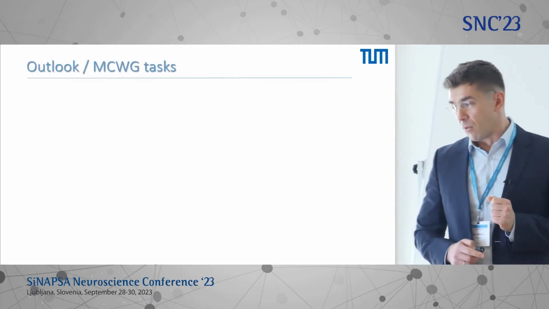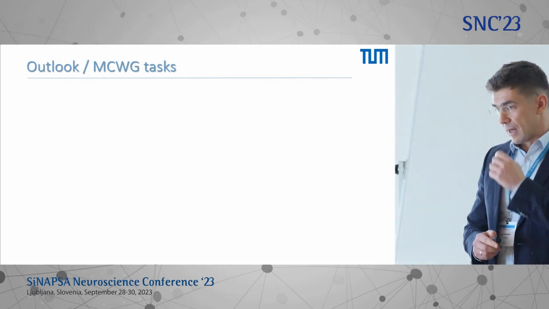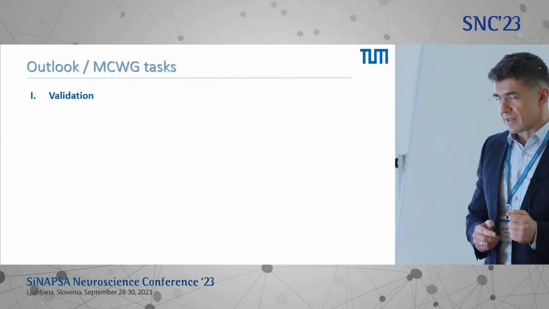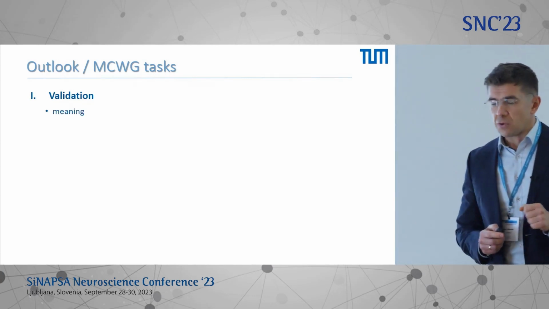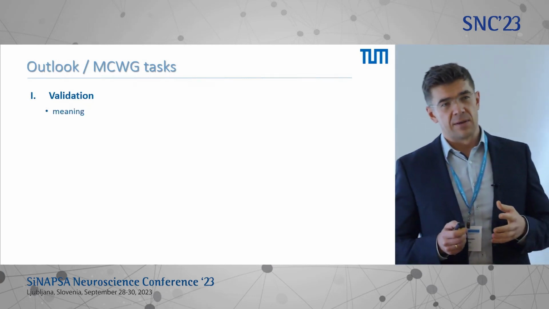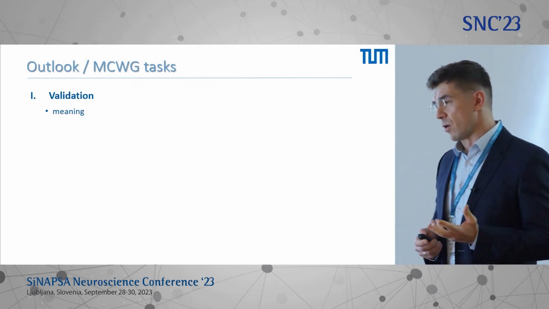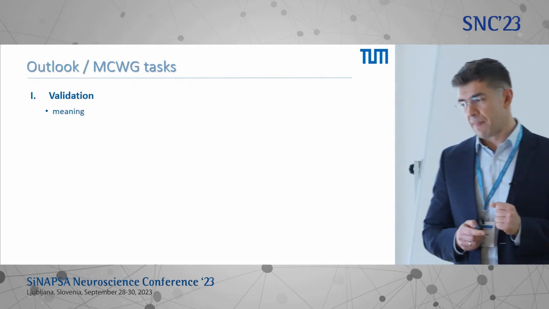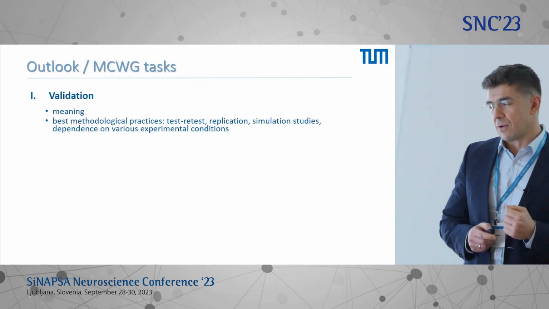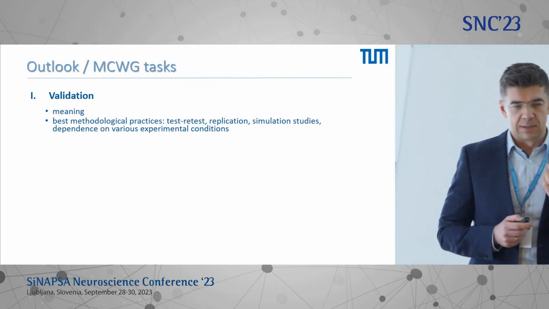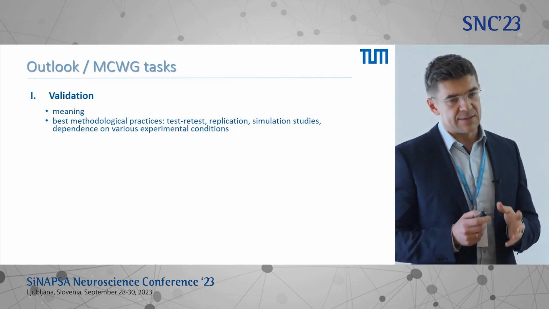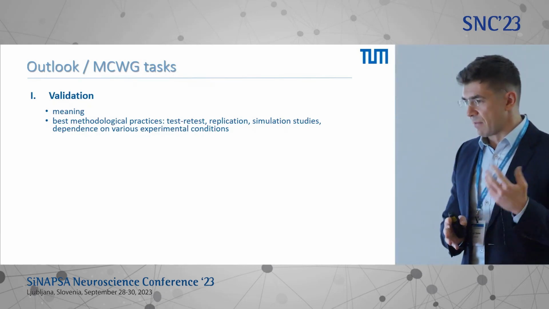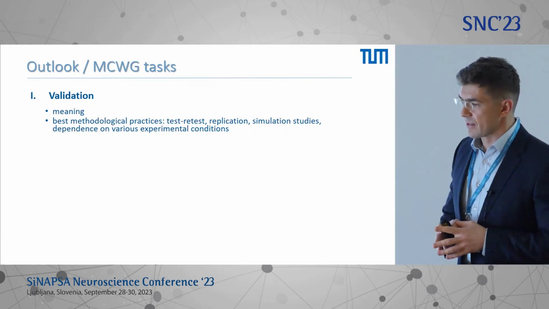And our major tasks, which are at the same time also an outlook, the first is validation. We want to understand what we actually measure, what is the meaning of this covariance, or let's say molecular connectivity. We want to very carefully understand and validate methodology, establish so-called best methodological practices.